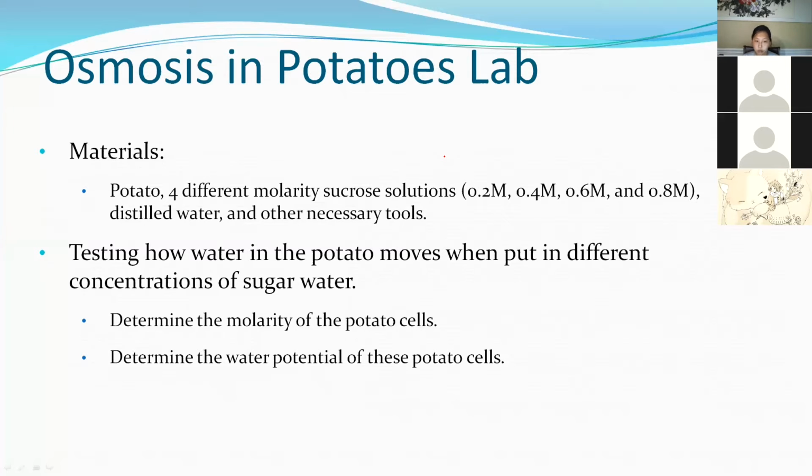If you take AP Biology, you might not do this specific lab. You might do other ones. But for us, we determined how water moved through a potato when put in different concentrations of sugar water, and then determined the molarity of the potatoes and the water potential.